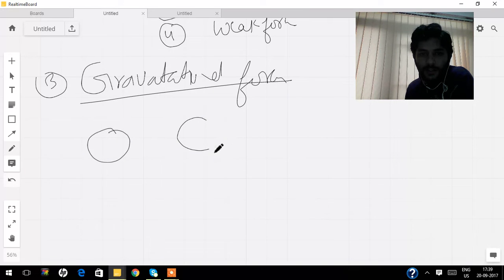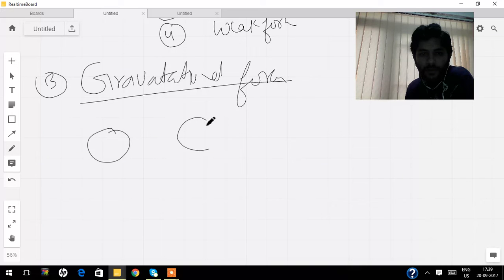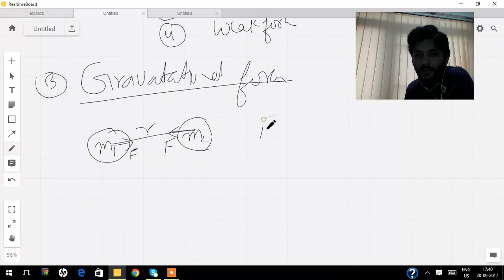If there are two bodies having some amount of mass, let us suppose this is m2 mass body and this is m1 mass, and the distance between these two bodies is r. These two bodies will attract each other with some force, and that force is equal on both bodies, and it is given by G m1 m2 upon r square.